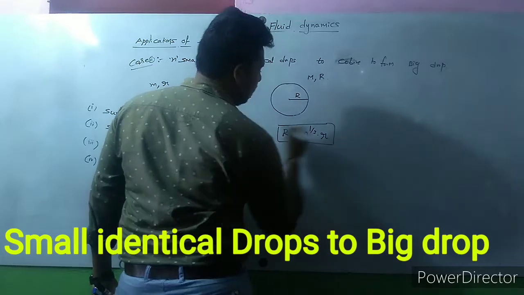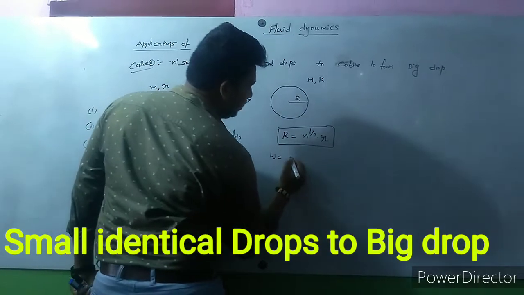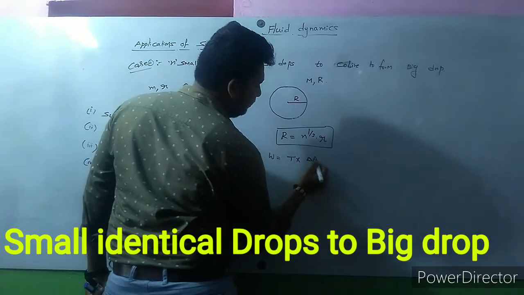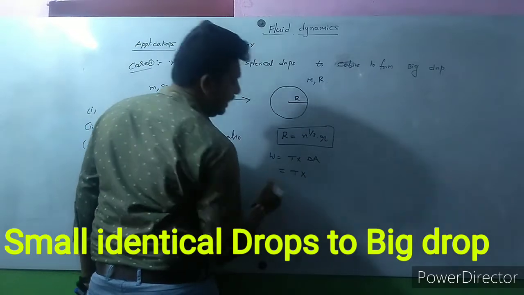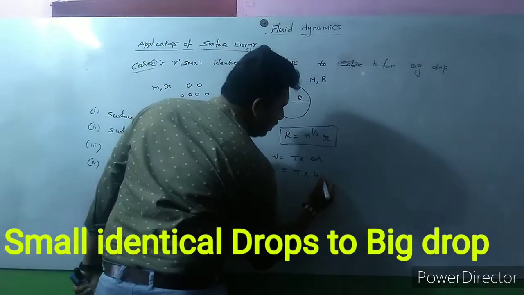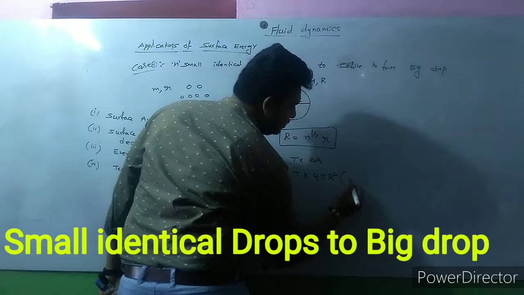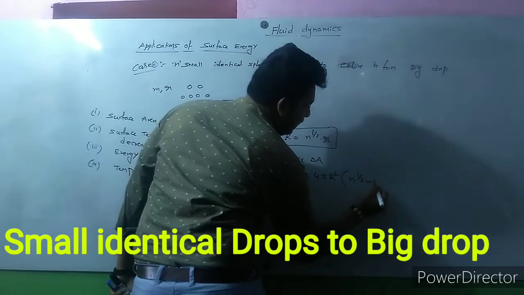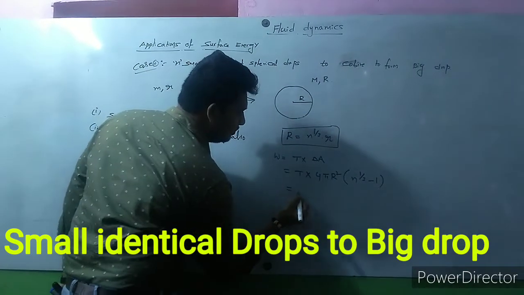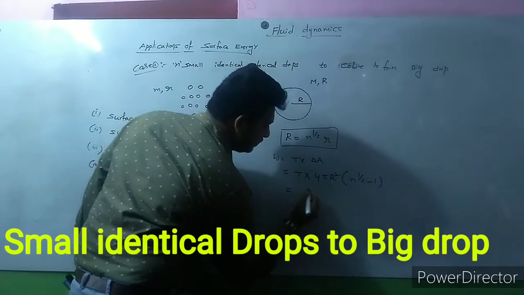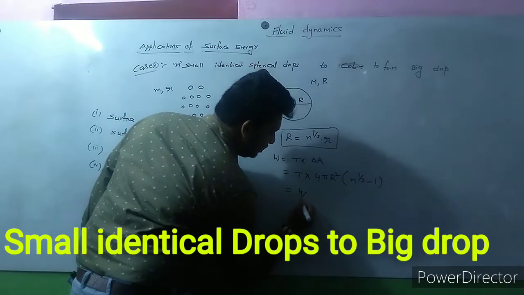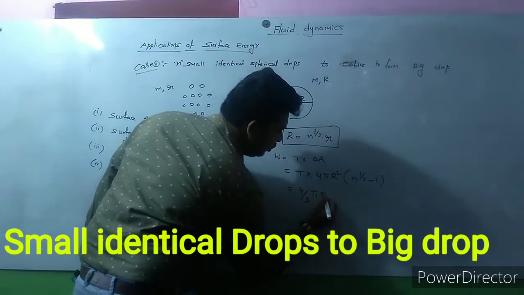r, and the work done formula is T into delta A, that means similarly 4 pi r square into n power 1 by 3 minus 1. So here we are taking 4 by 3 pi r cube.